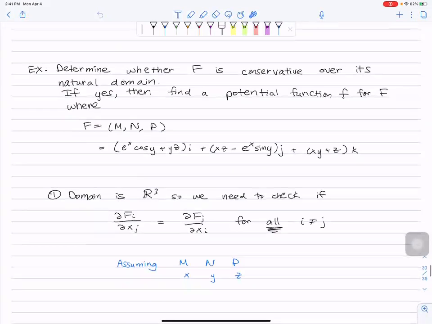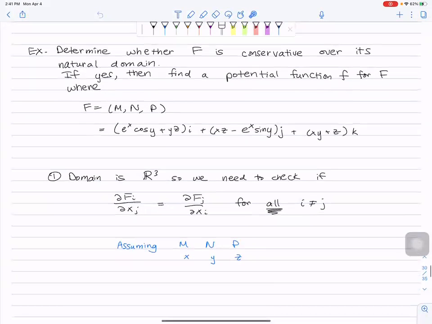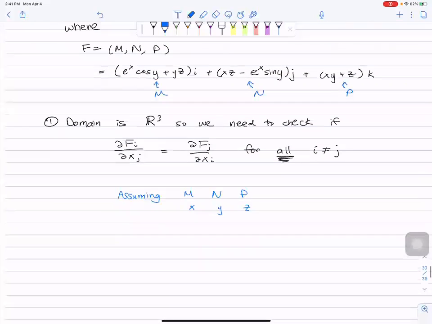Okay, so by the component test, we have to check all of these expressions for all i not equal to j. So what does that mean? Our function is given like this. Let's call this m, this n, this p. We need to check all different combinations.